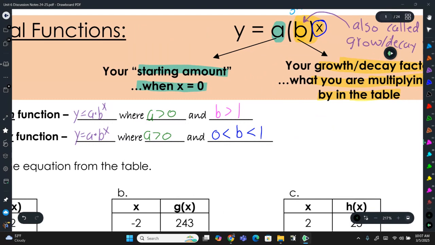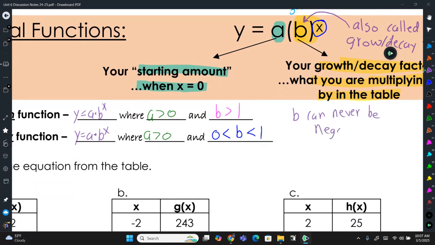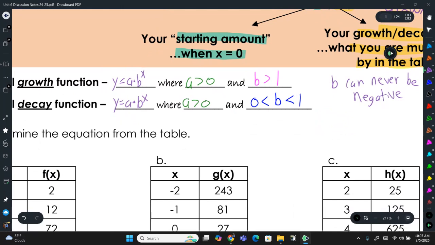And a couple things to note is that our b value can never be negative. That would not be an exponential growth or decay function. So our b value will never be negative. Now the a value could be negative, but that is not a growth or decay function.